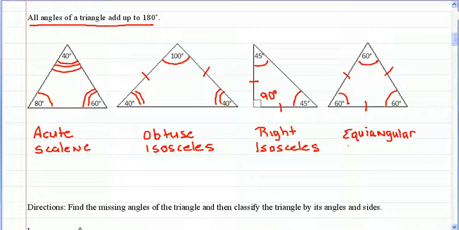So not only is it equiangular, but it's also equilateral. And the definition of an isosceles triangle is when at least two sides are equal. So not only is this triangle equilateral, but it's also isosceles. So this one has three classifications.